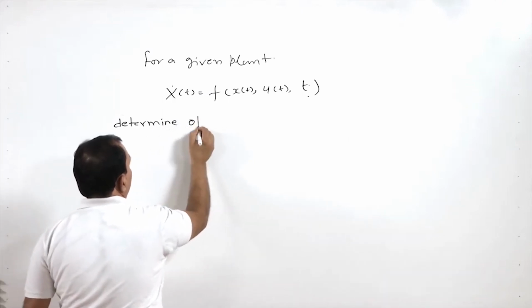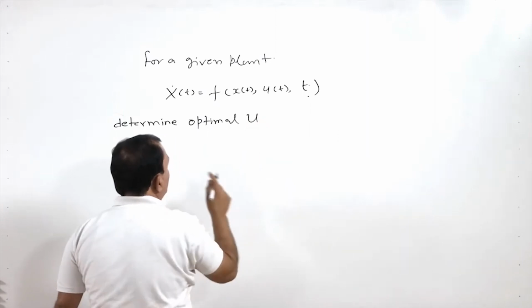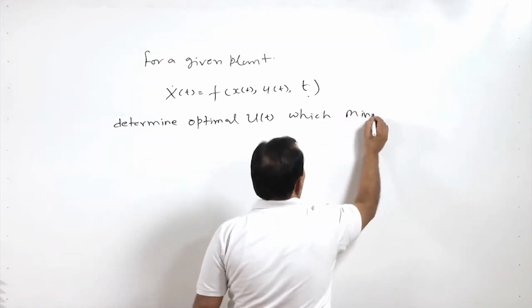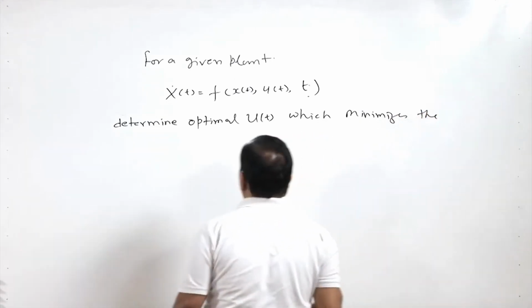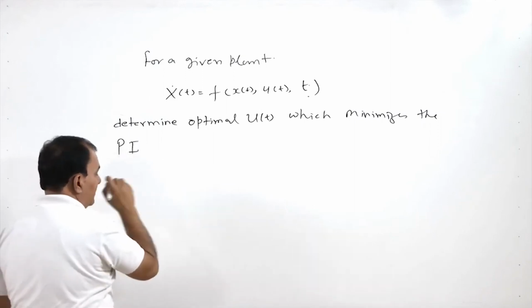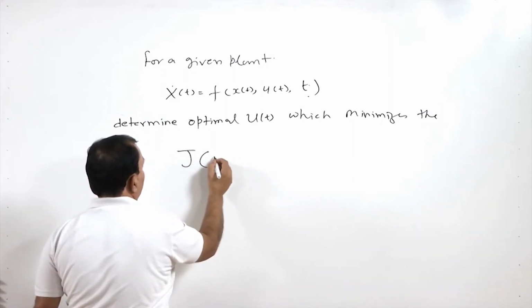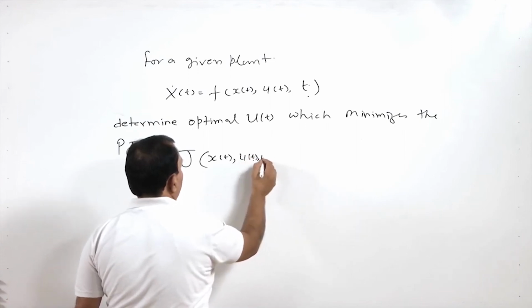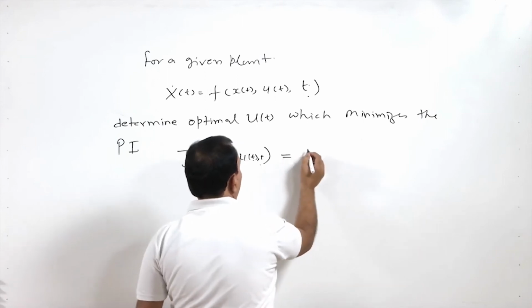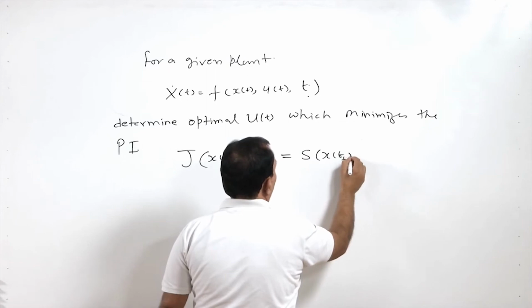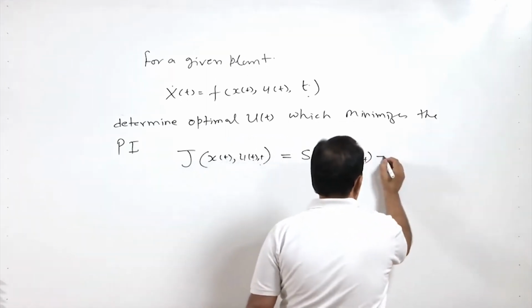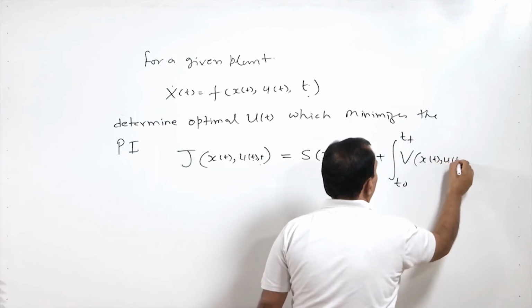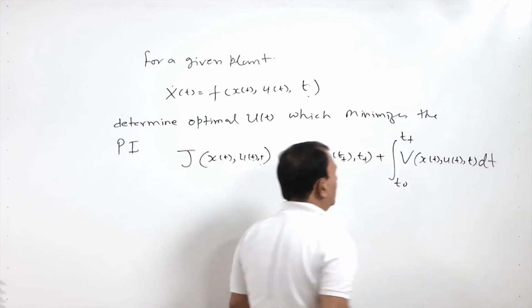Determine the optimal u which minimizes the performance index J as S(x(tf), tf) plus integral t0 to tf of V(x(t), u(t), t) dt.